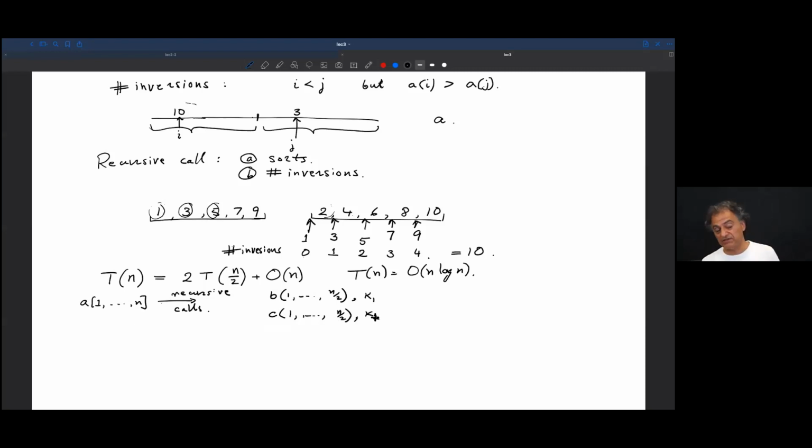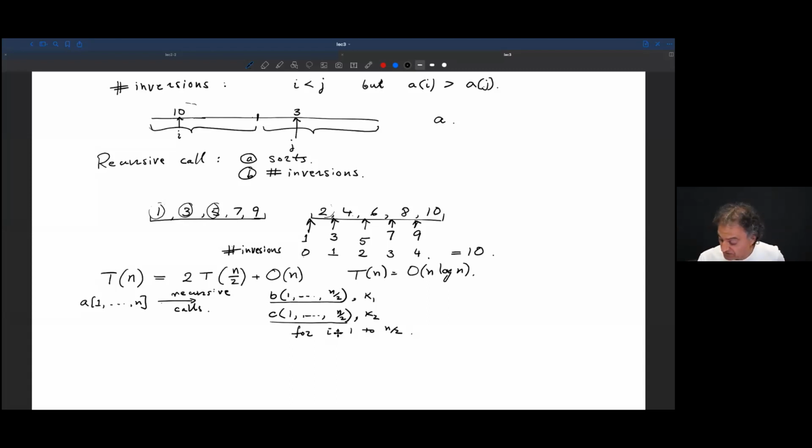Now what we need to do is take these 2 arrays and figure out the number of inversions between the 2. So how do we do this? For i equal to 1 to n over 2, we want to locate the ith item, B of i, in the C array.